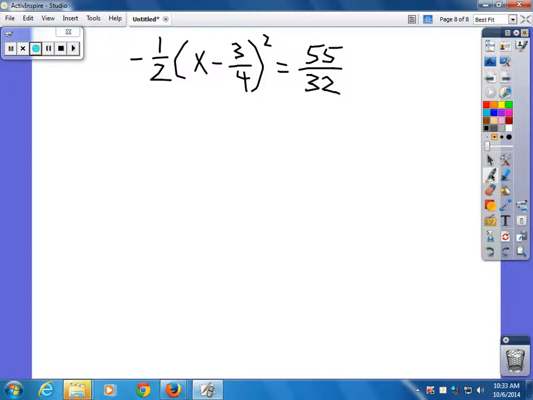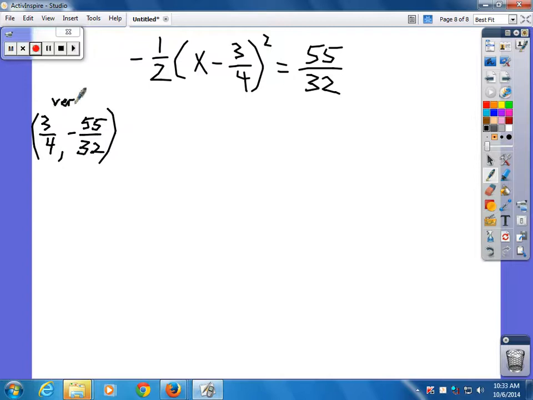All right, so what do we do? Well, the vertex is 3/4 and negative 55 over 32, which is, what, 2.5 or 2, somewhere around there. 32 over 32 is 64, so it's less than 2. I'm not going to put it in f(x) form because y'all know how to do that. Is that the vertex?